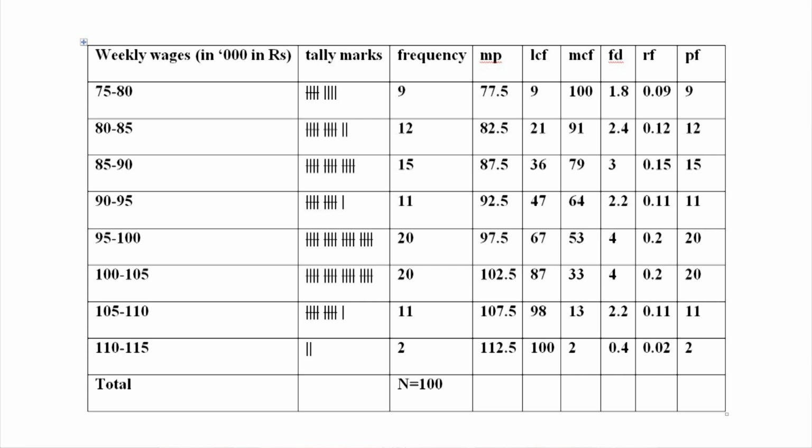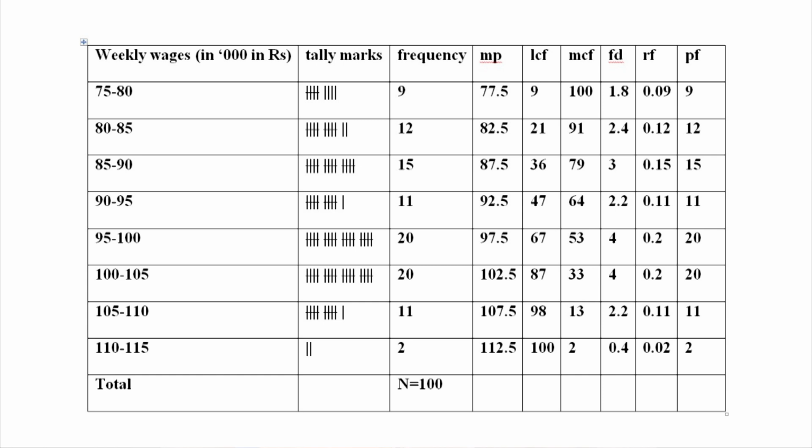Now, we shall compute the less than cumulative frequency values. For the first class, the less than cumulative frequency is 9. For the second class, it is 9 plus 12, which is equal to 21. For the third class, it is 21 plus 15, which is equal to 36.